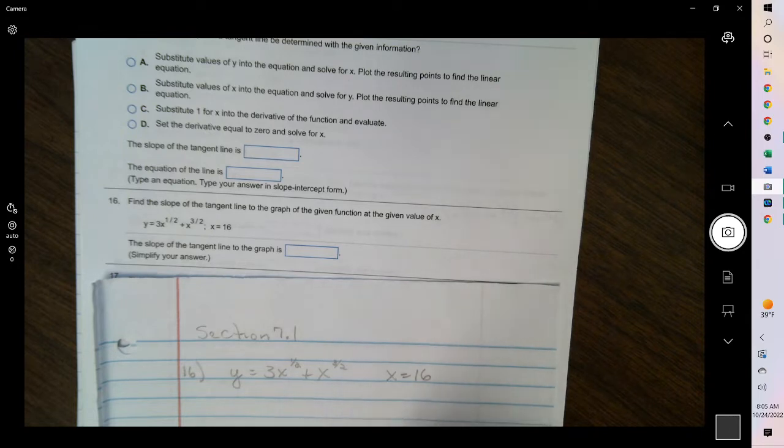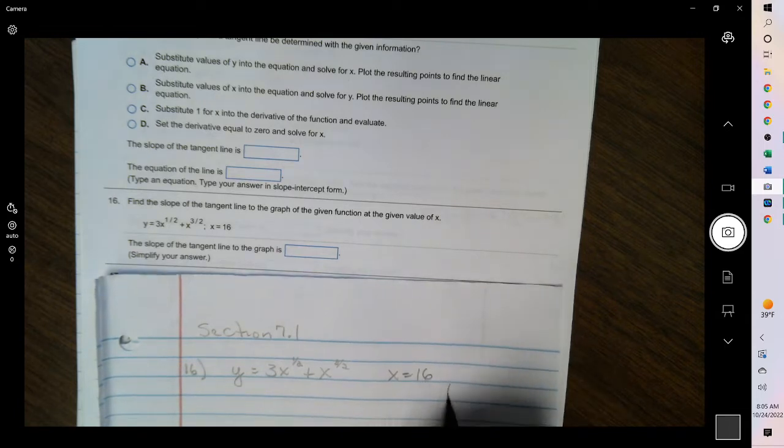So to find an equation, we need a slope and a point. Right now we just have the x value of the point.